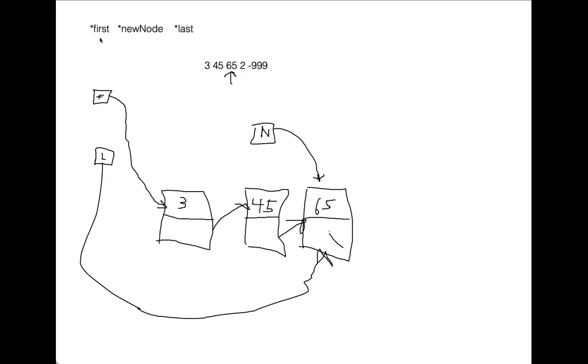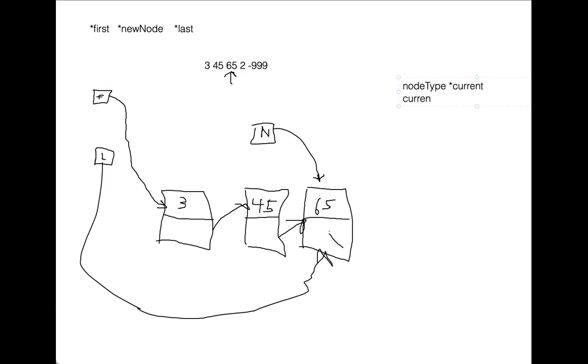If we wanted to print this out, we wouldn't change either first or last. I would start by declaring a new pointer. I'd say something like node type star current.